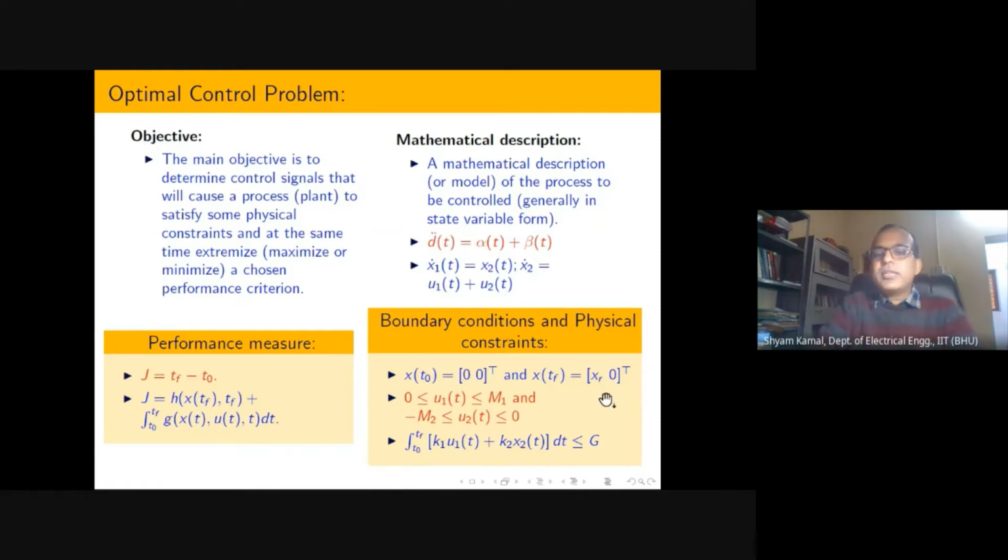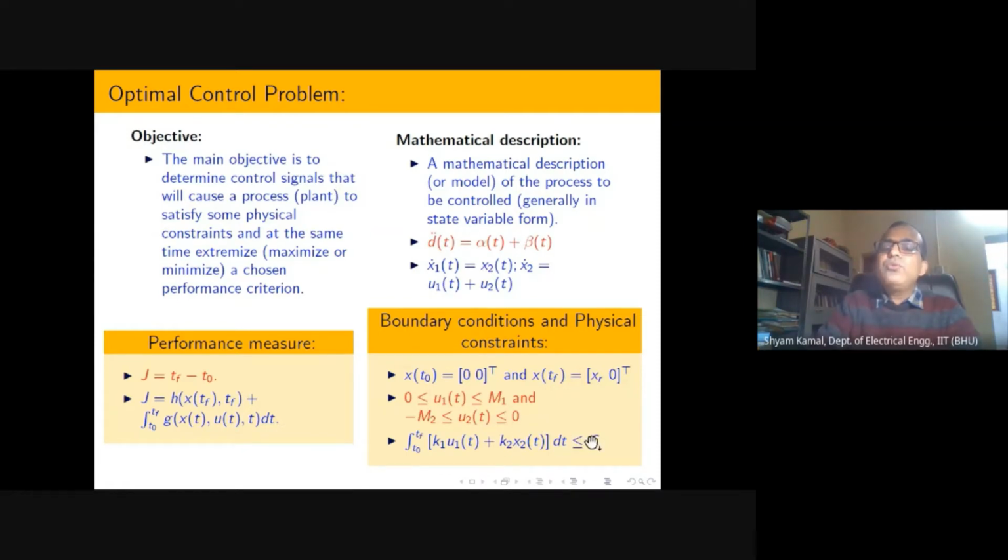In this process I always have some kind of physical constraint. Suppose I want to accelerate the car; some physical hardware is involved in that process, so I cannot make that acceleration very fast. There always exists some upper limit, and similarly there exists a lower limit for the deceleration.